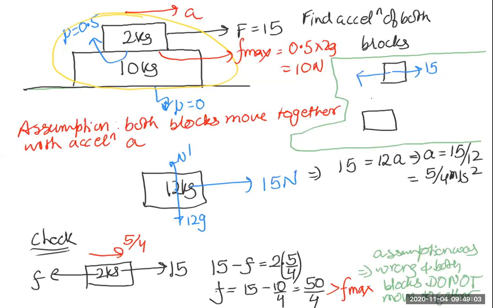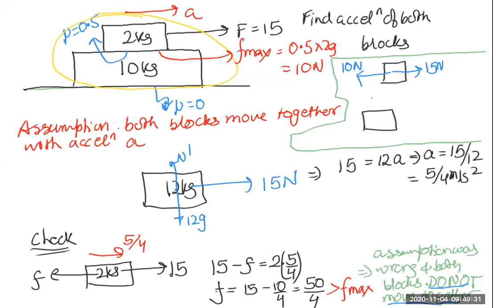And now I know that the blocks are not moving together. That means that the blocks are sliding over each other, because their accelerations are different. And just like in case 1, when there is motion between the two surfaces, without any question, the friction has reached its maximum value.